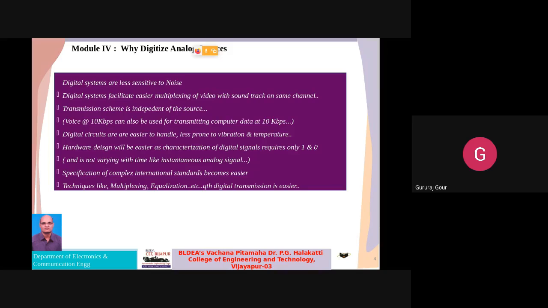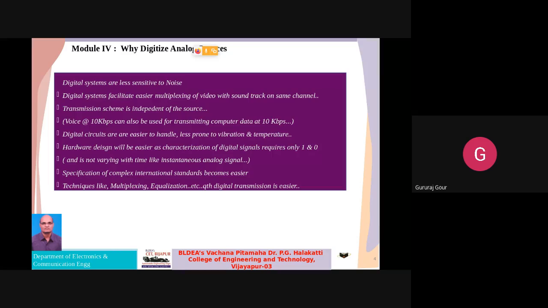So the next one is that digital circuits are easier to handle and less prone to vibration and temperature. Most of the time you can feel that digital circuits are easy to design, implement, and use. Obviously they are less prone to vibration and temperature, and therefore the hardware design becomes easier.